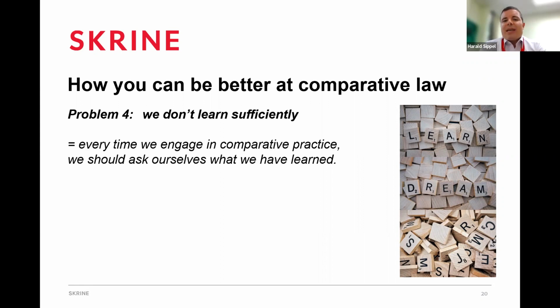Now, every time we engage in comparative practice, we should ask ourselves at the end, what have we learned? So we read the law of this country, of that country, we compare it, we fully try to understand, and we should then take a step back and ask ourselves, what have we learned?